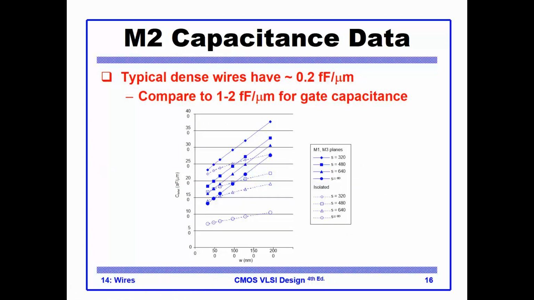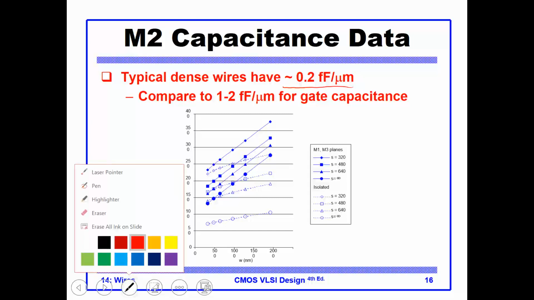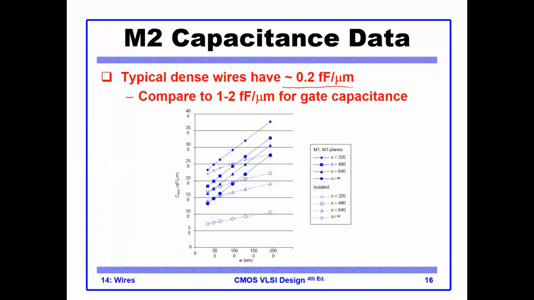For our purpose in this course, we will assume that the wire has a capacitance of 0.2 femtofarad per micrometer. We will use this as a given constant. Now compare this to 1 to 2 femtofarad for gate capacitance.